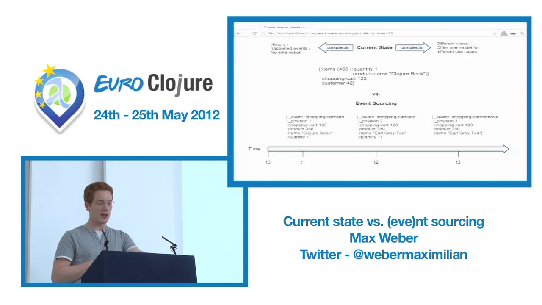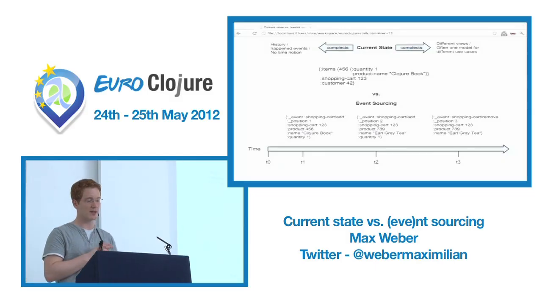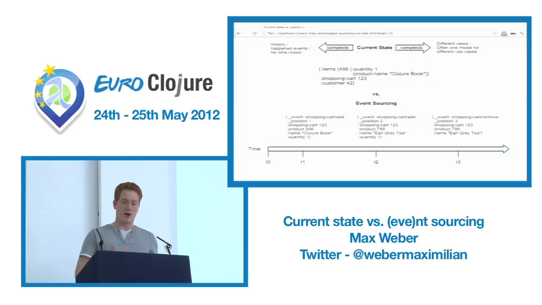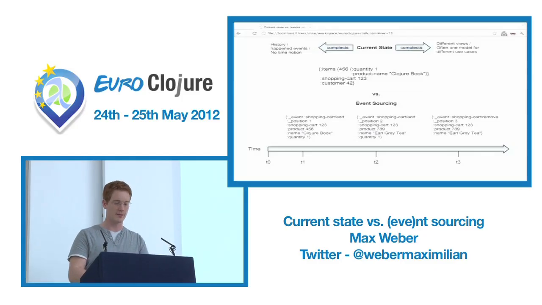For the notion of time, we use a logical clock here, which is a simple counter that is incremented on every new event. Here, it is stored inside the underscore position entry of the event map. But you also need to know on which shopping cart the event has happened. So the shopping cart entry refers to our shopping cart from our previous examples.